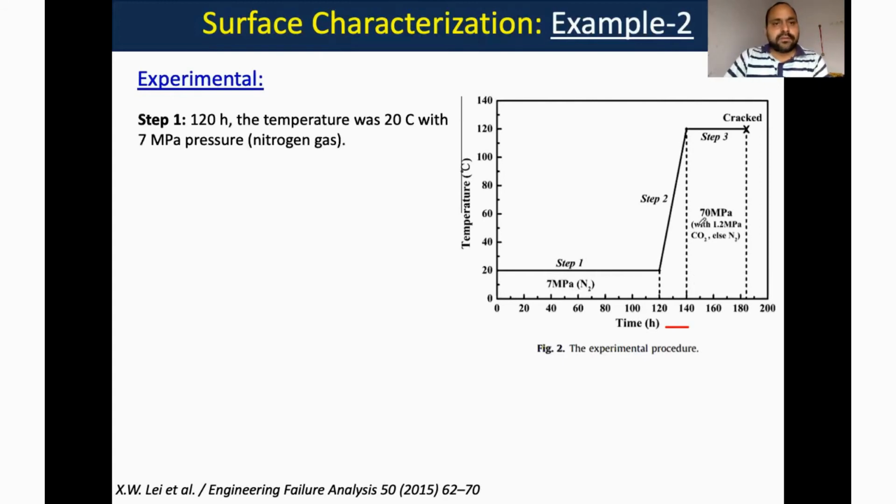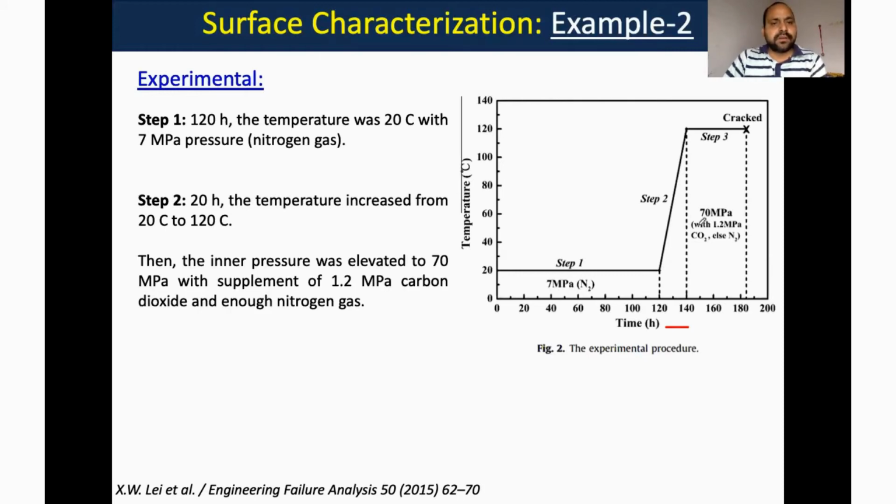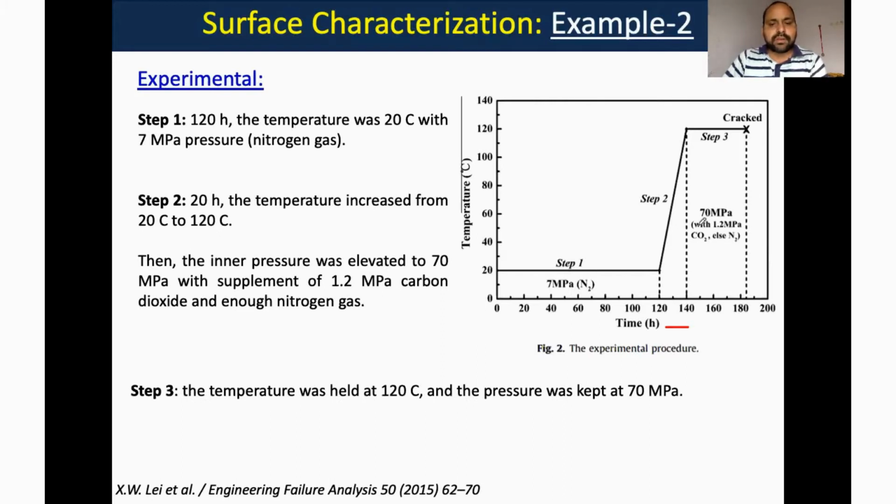So, 120 hours at 20 degrees Celsius with 7 MPa nitrogen pressure, then a 20 hour transition. Then the inner pressure was elevated to 70 MPa with a supplement of 1.2 MPa carbon dioxide and enough nitrogen gas. In the third step, the temperature was held at 120 degrees Celsius and the pressure was kept at 70 MPa.